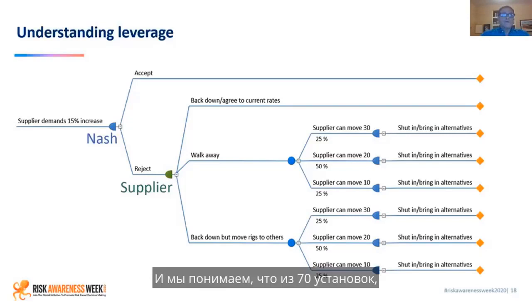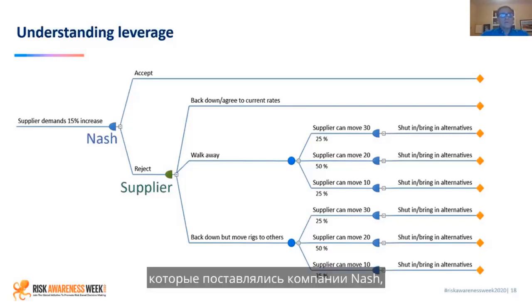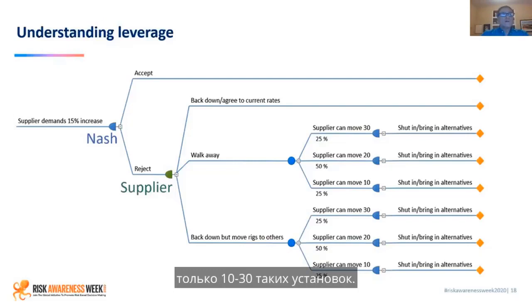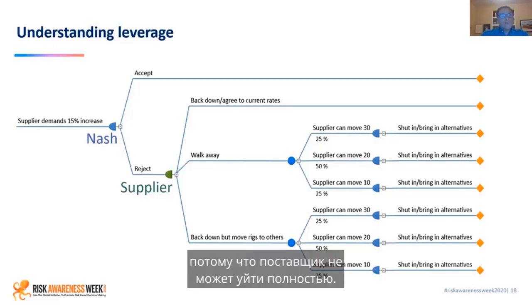And what we realized is that of the 70 that this supplier was supplying to Nash, they could only move somewhere between 10 and 30 of those rigs in all likelihood. So that told us that Nash might have some leverage here because the supplier couldn't just walk away entirely, or they would probably be shooting themselves in the foot.